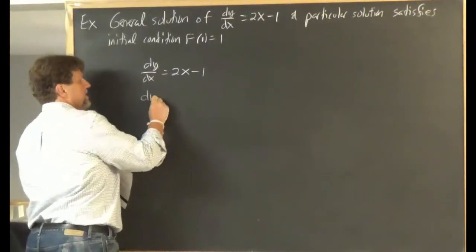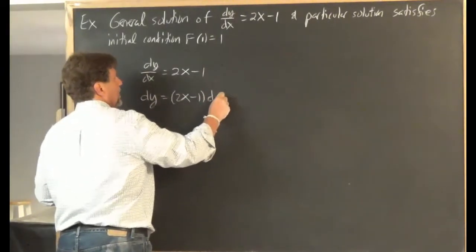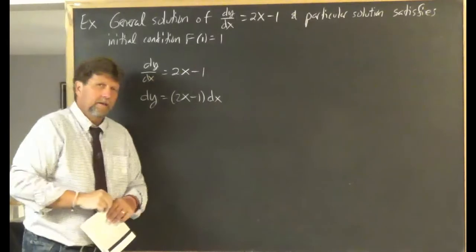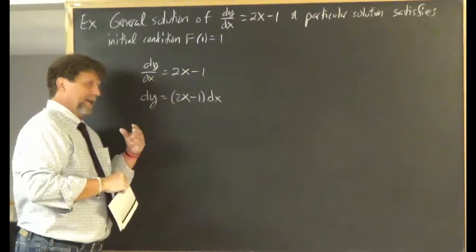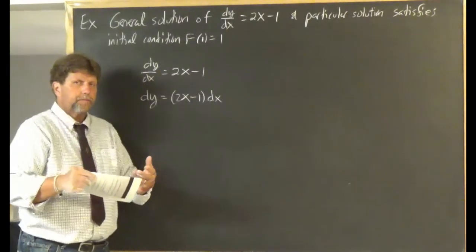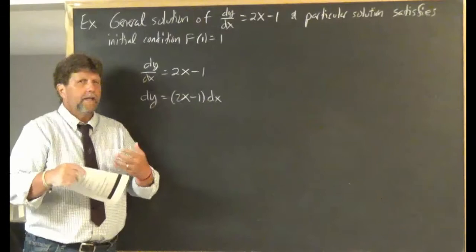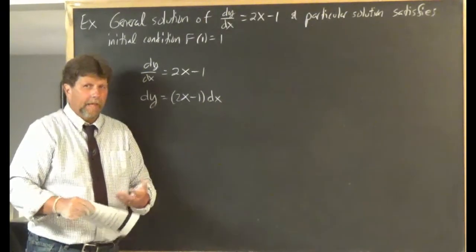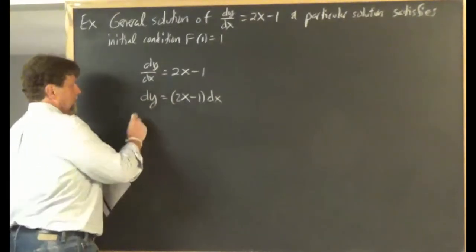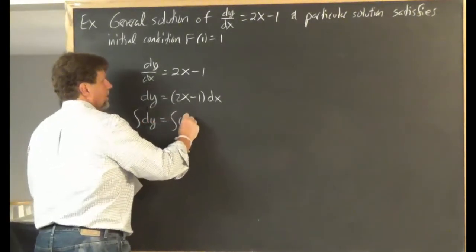So that would give us here dy equals (2x minus 1) dx. Next, we need to undo this differentiation. What undoes differentiation? That's right, integration. So we integrate both sides of the equation.